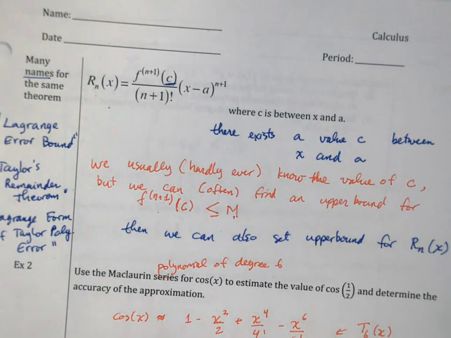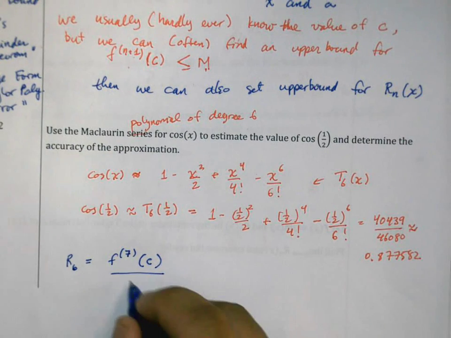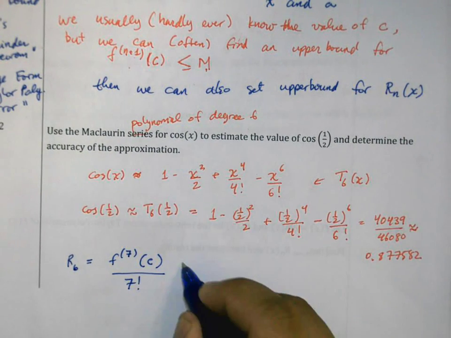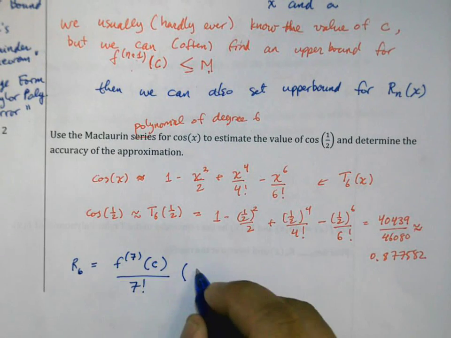N in this case is 6, so this is all over 7 factorial, times x minus a.